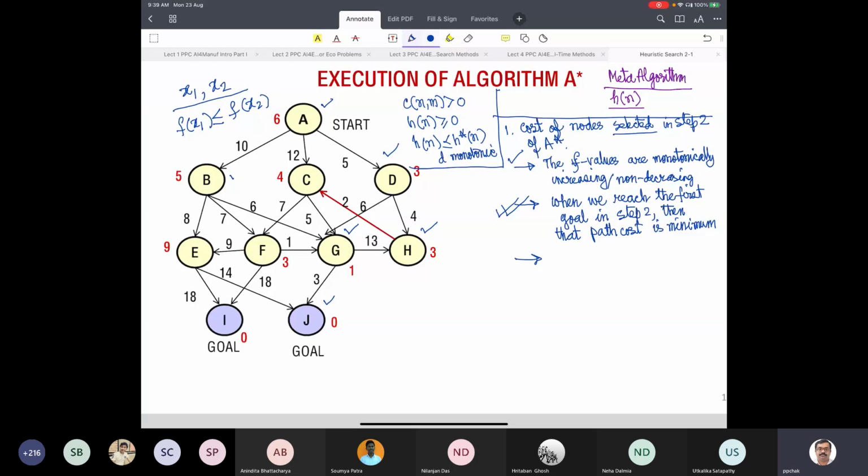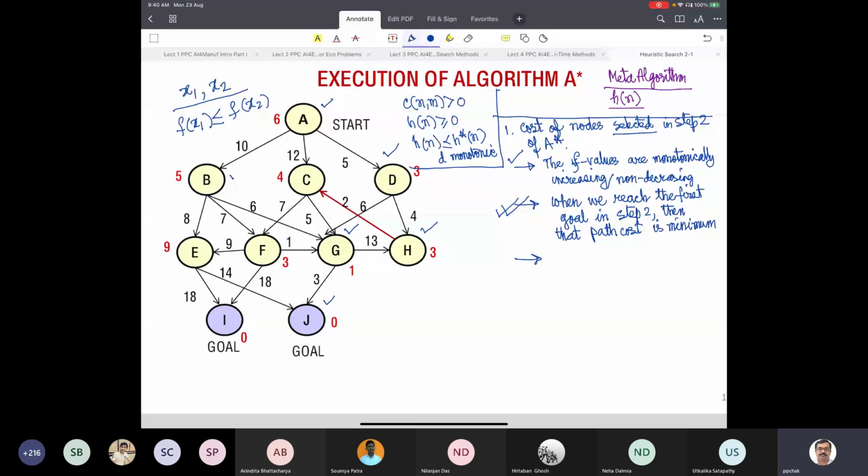Sir, because you have stated that the f values are always monotonically increasing, whenever we reach another goal after this, that cost will be greater than or equal to the one obtained before. Therefore, the first goal node is minimum.